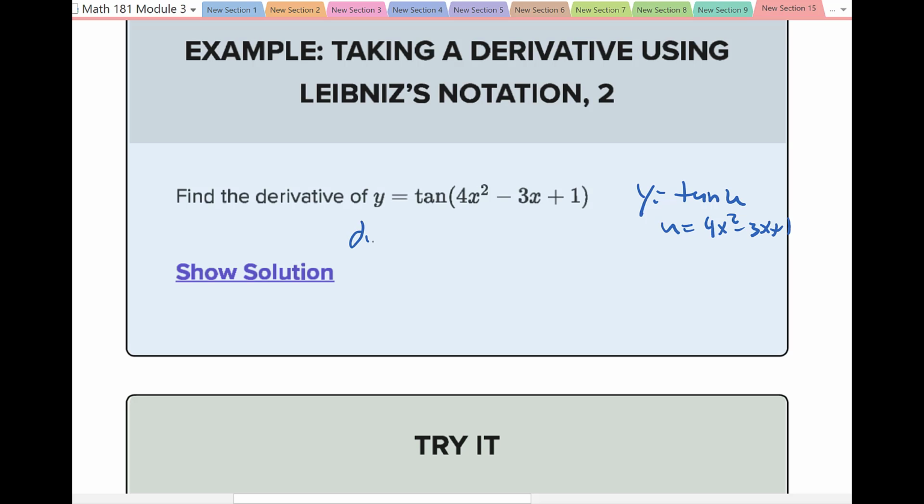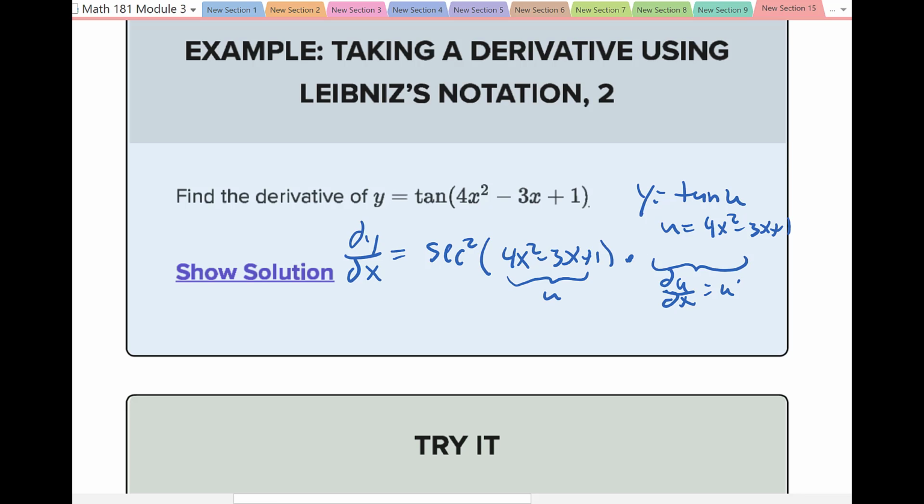So if we're looking for dy dx, we'd be looking at the derivative of the tangent, which is going to be the secant squared of u, which in this case is 4x squared minus 3x plus 1, so that this part is the u, times the du dx, which is u prime.